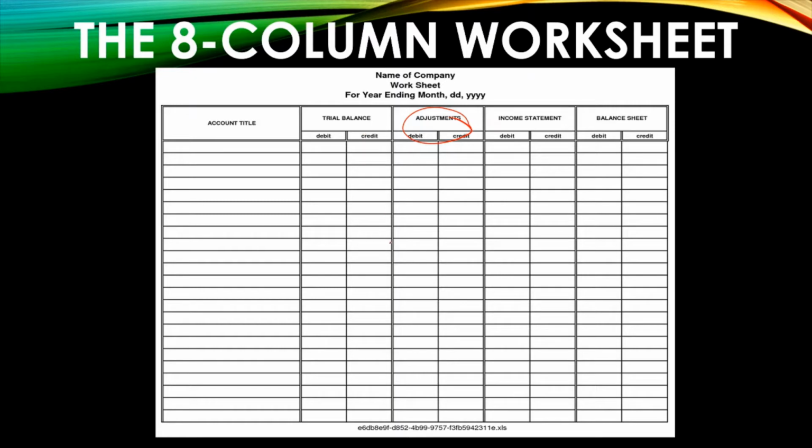So you have the trial balance, this one is an adjusted trial balance, and then you have the adjustment columns, and of course, the income statement and the balance sheet columns. So generally, you have eight columns here for the trial balance section, adjustment section, income statement, and balance sheet. So it is what we refer to as the eight-column worksheet.